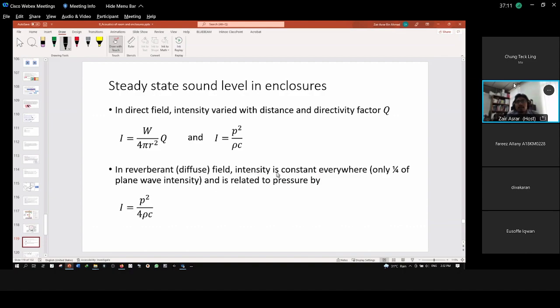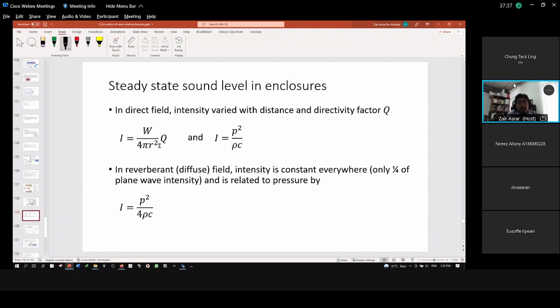If we look at the intensity, it is about a quarter of the wave intensity, and it is related to pressure by this equation: intensity equals pressure squared over 4 times rho c. This is the intensity of sound within the reverberant field.